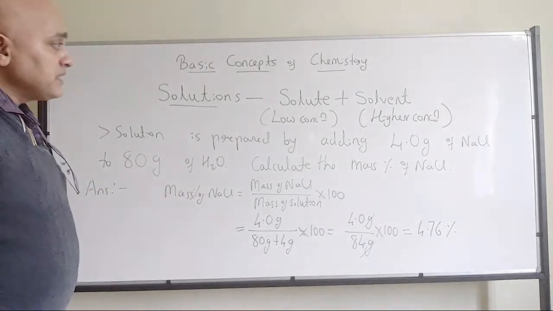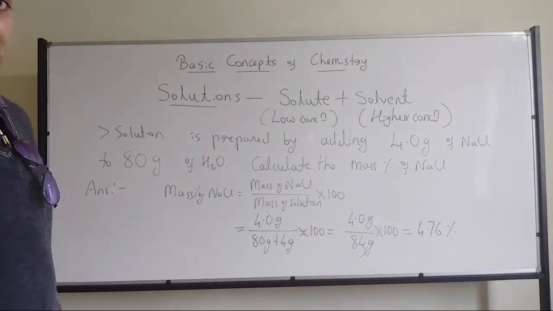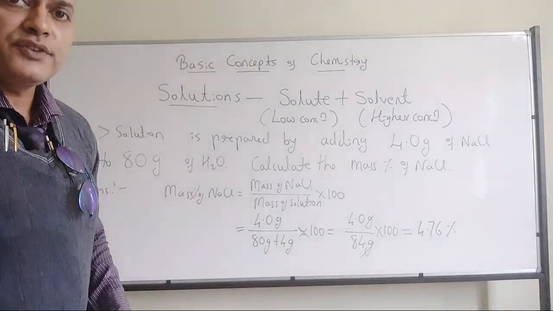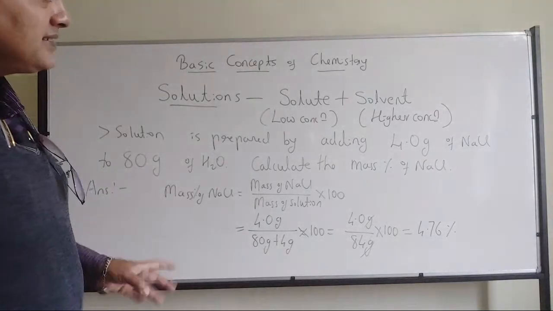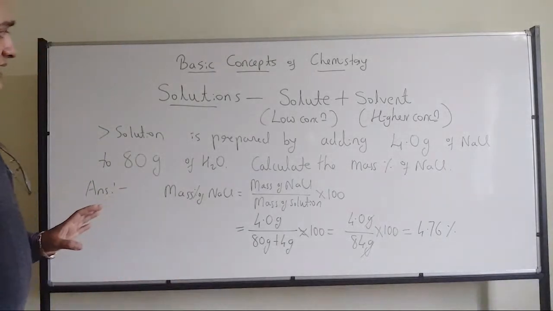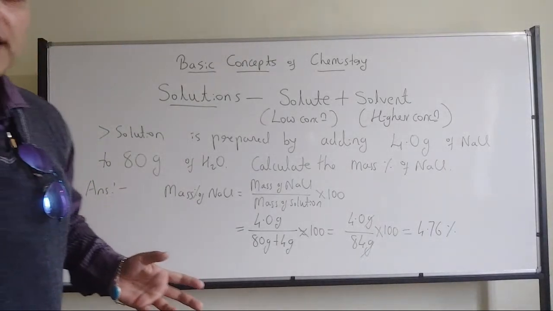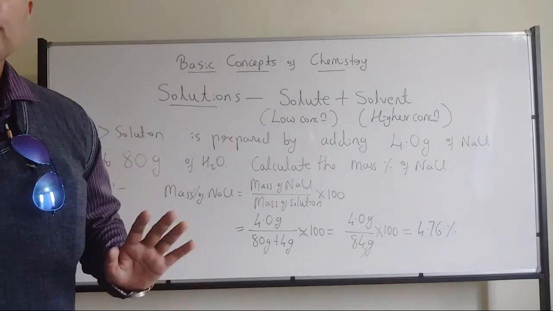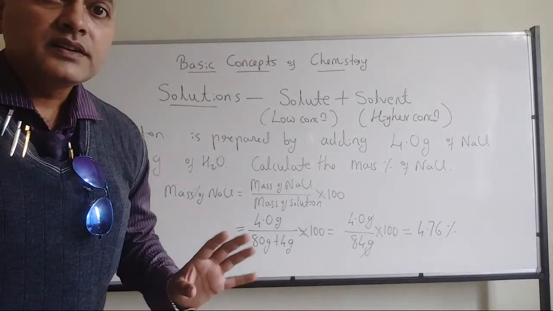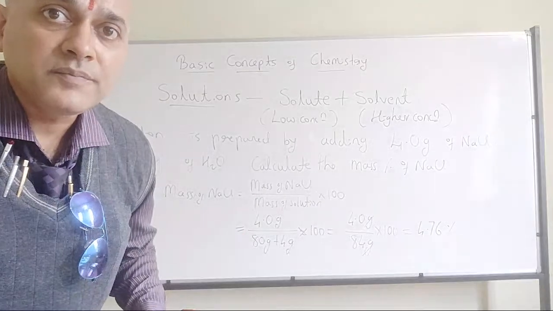Yes, it should be 4.76. Okay? I think earlier people had got a different answer, might be because you have taken molar mass of NaCl and molar mass of water. I don't know what you people have done, therefore you people have got different answers.